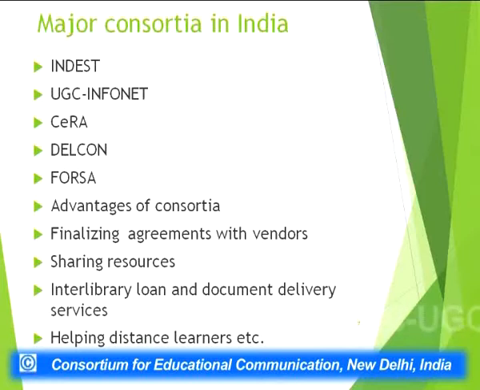For example, libraries buying e-resources have to finalize terms and agreements, and an individual library may not have staff competent enough to do so. In this case, a consortium does help.